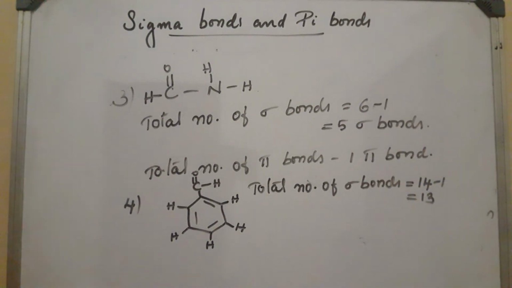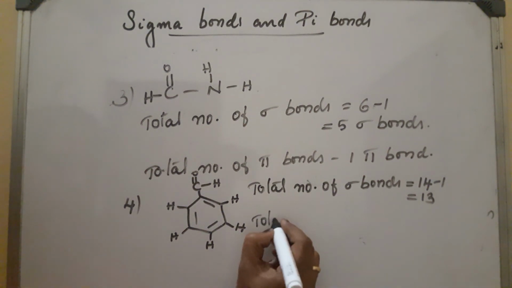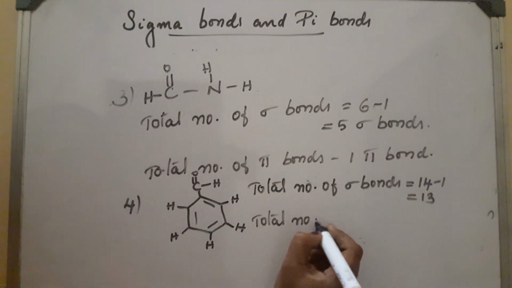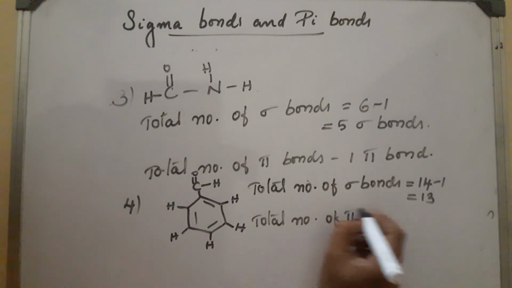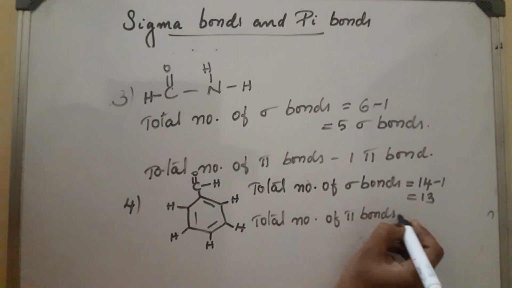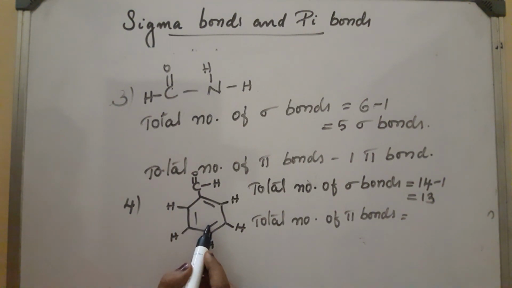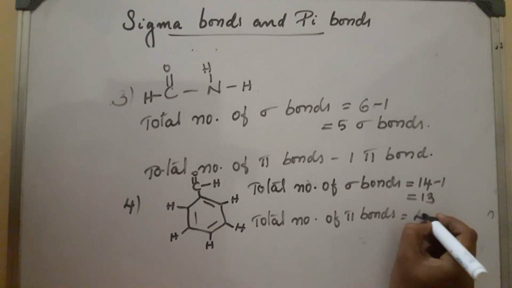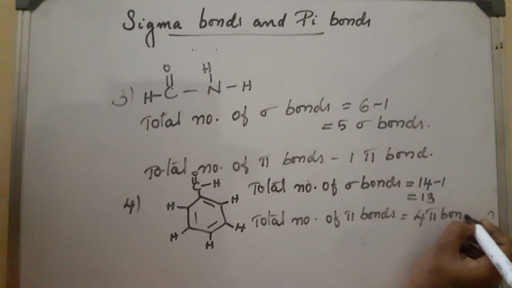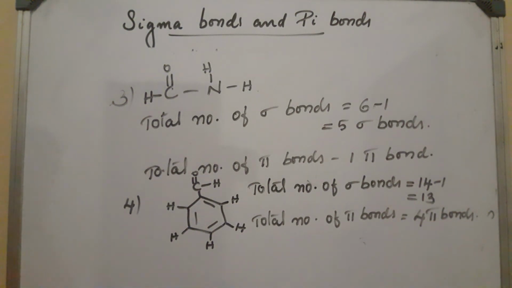Okay. Now, total number of pi bonds: here one pi bond, 1, 2, 3, 4. So, 4 pi bonds are there. Okay. Understood? Okay. This much about the calculation of sigma bonds and pi bonds.